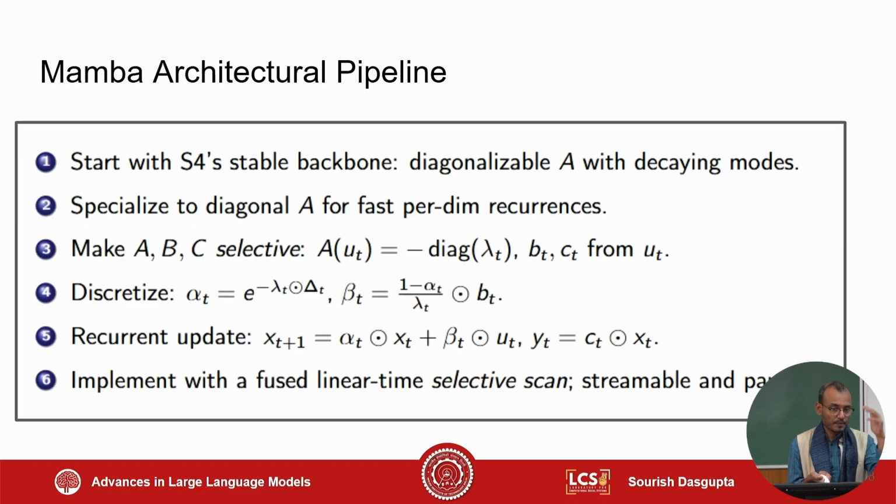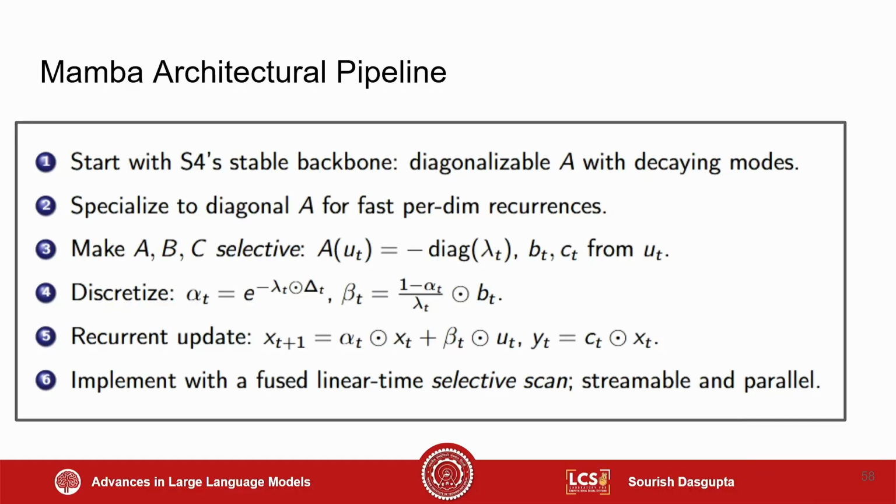So the steps are: you start from the S4 stable backbone, diagonalize A with the decaying mode, specialize to diagonal A for fast per dimension recurrences, make A, B, C selective, and discretize that to get the gates, the forget and the update gates.